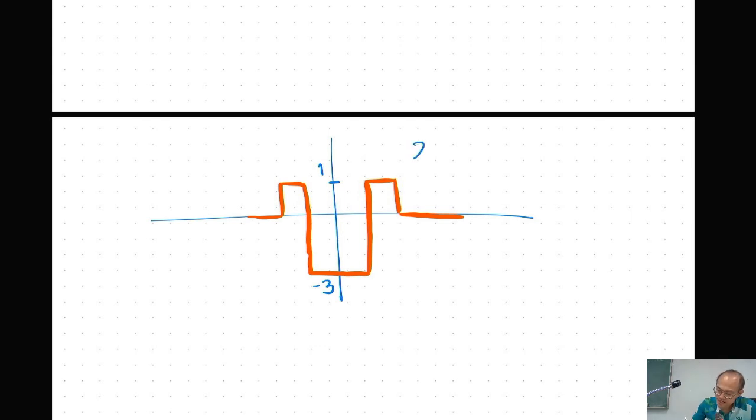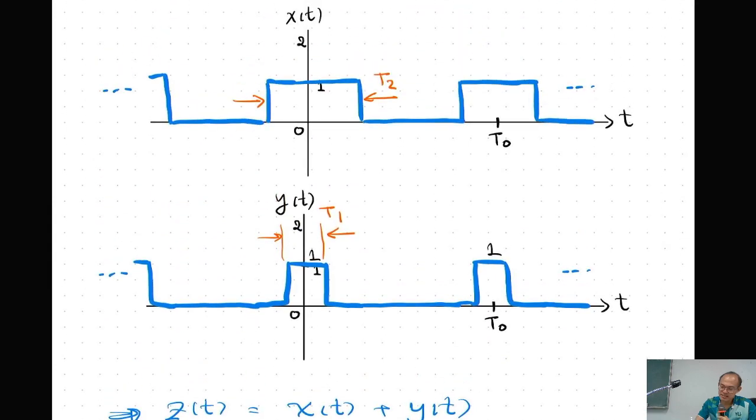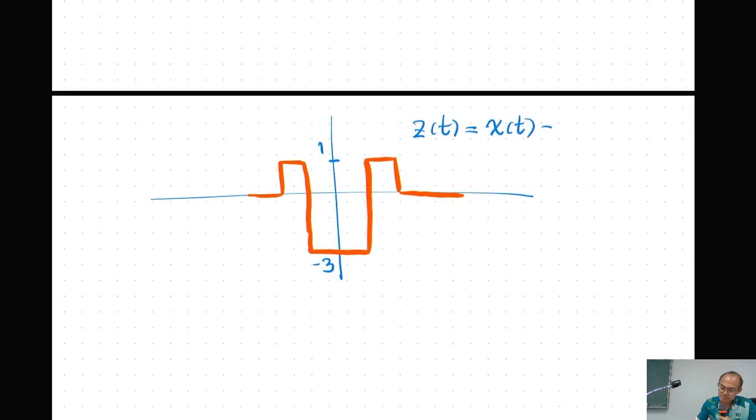So this would be c_k equal to x(t) minus what? x(t) is this guy, going up 1. This is t1, this is t2. x(t) minus 4y, because you have to go down 4 units, from 1 to negative 3 is going down 4.